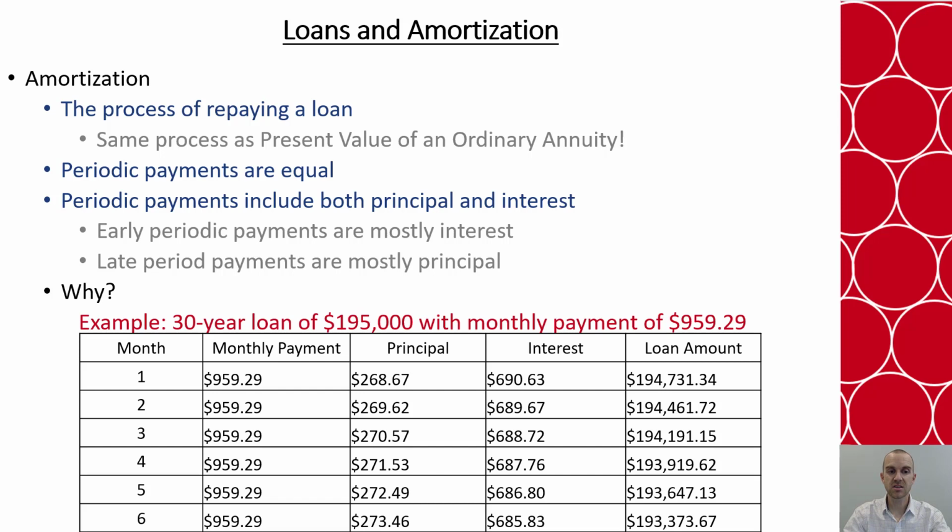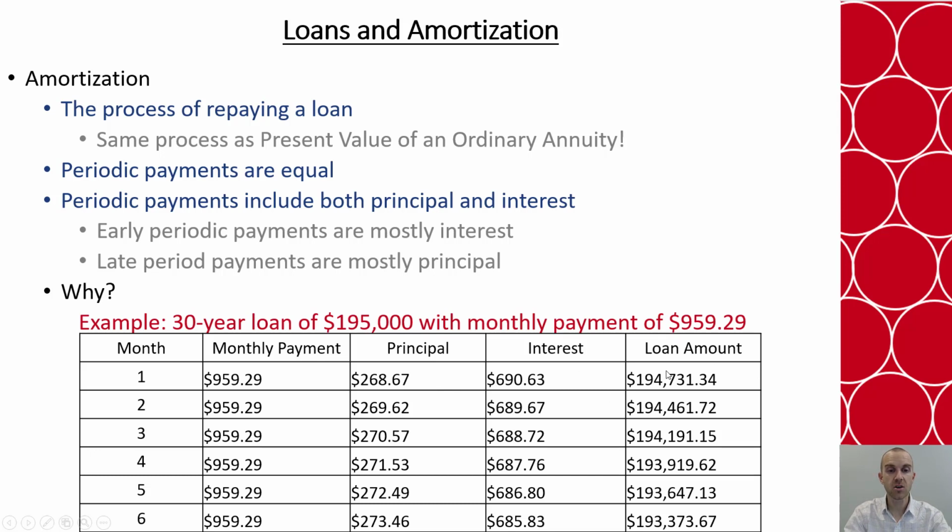So here is the first 6 months of a 30-year loan on $195,000 that has monthly payments of $959.29. And we can see here in the first month that $268.67 are paid to the principal, and the rest is interest. Now when we go to the next month and it's being compounded, we remove this principal from the total loan.